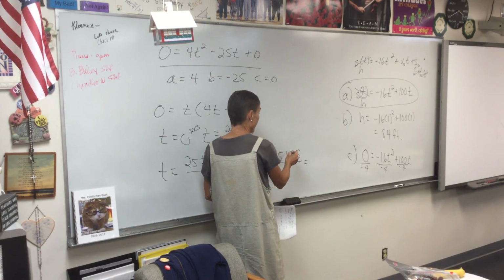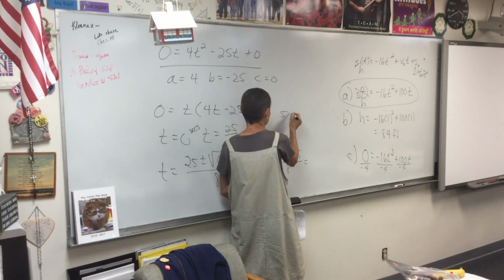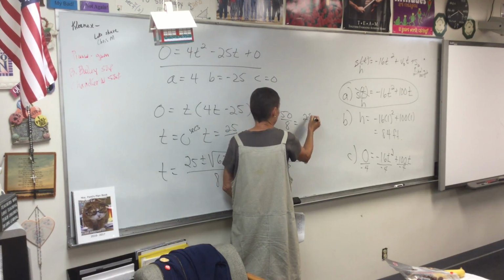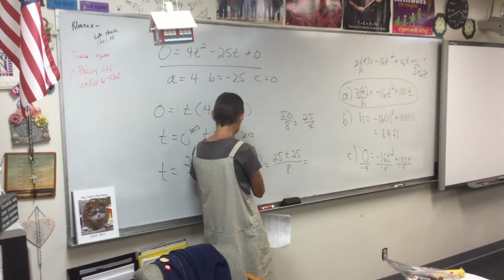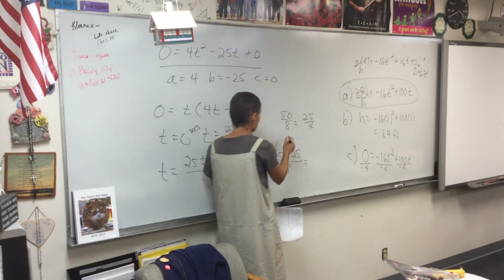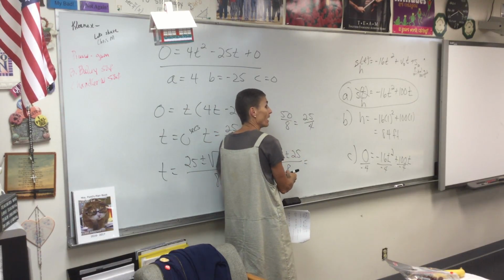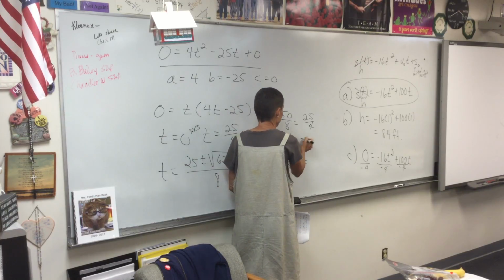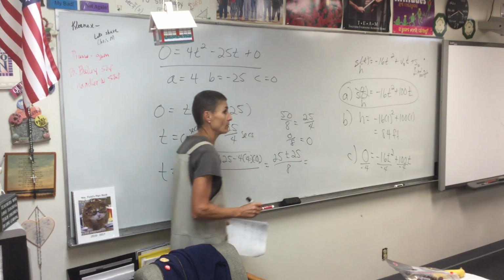So we get 25 plus 25, which is 50 over 8, or 25 over 4. And then we get 25 minus 25, which is 0 over 8, or 0.